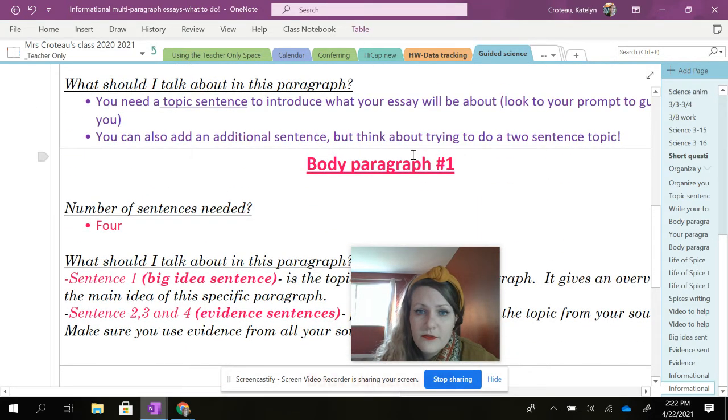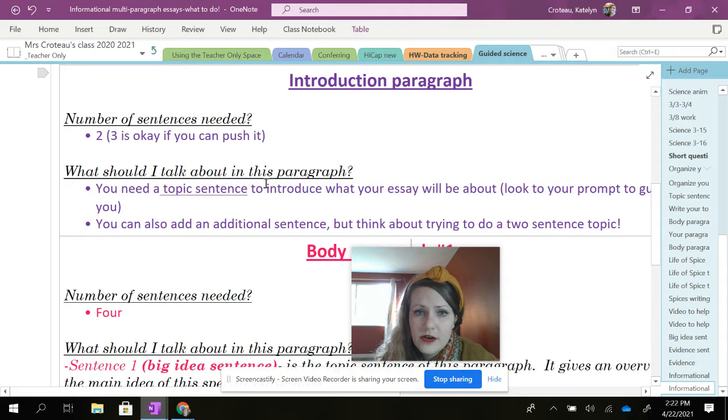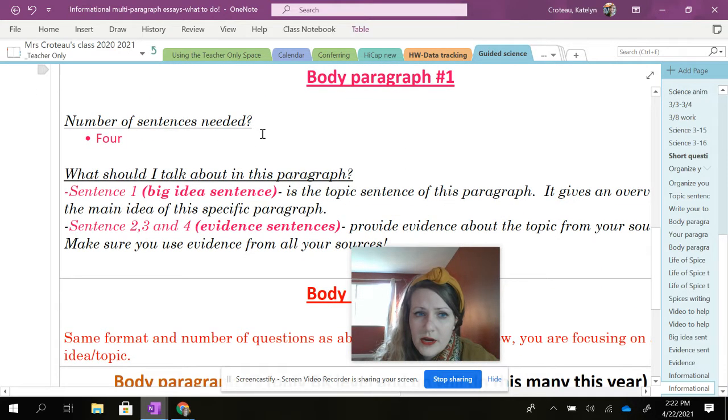So if you look at the first body paragraph, after you've done an introduction, you go into your body paragraph, and first it says, how many sentences do I need? I need 4, okay? What kinds of sentences do I need? I need 1 big idea sentence and 3 pieces of evidence. So what is my big idea sentence?